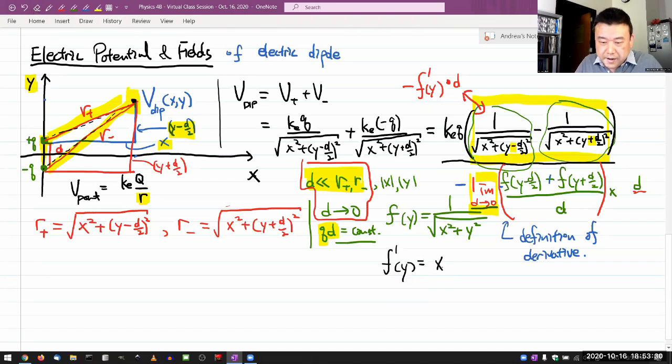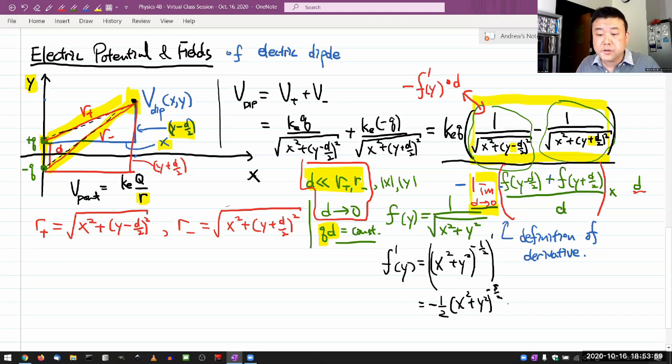All right, let me rewrite it this way first. x squared plus y squared raised to the power of minus 1/2, and it's this thing that I'm taking the derivative of. So now I can use the power rule, bring down a factor of minus 1/2. Let me finish using the power rule: x squared plus y squared to the power of minus 3/2, and using the chain rule, I'm applying the derivative to the inside, so it should be times 2y.